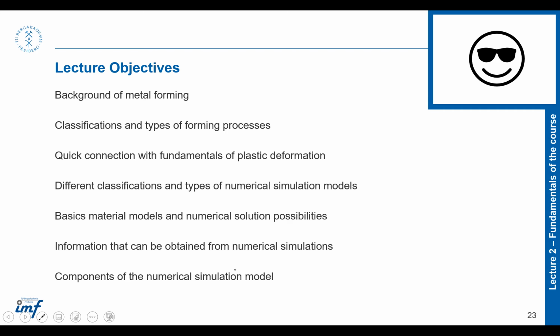We saw how information can be obtained from the numerical simulations in the form of numerical data or represented pictorially or in a graphical format. And then we took a look into the components of the numerical simulation model, which will be explained further in the upcoming lectures.